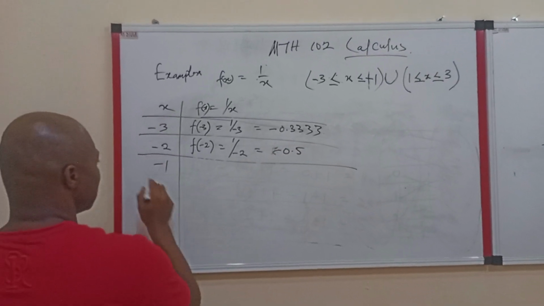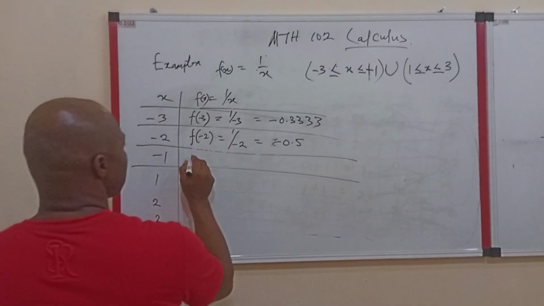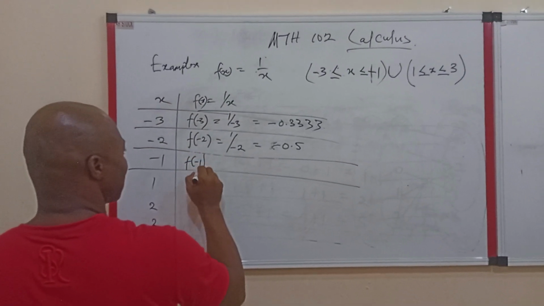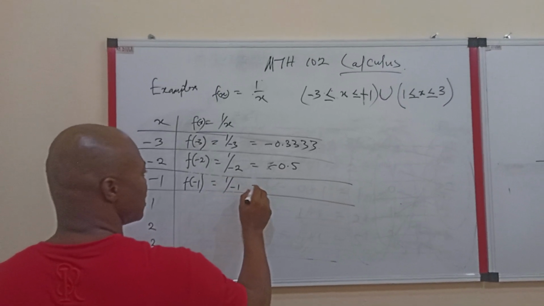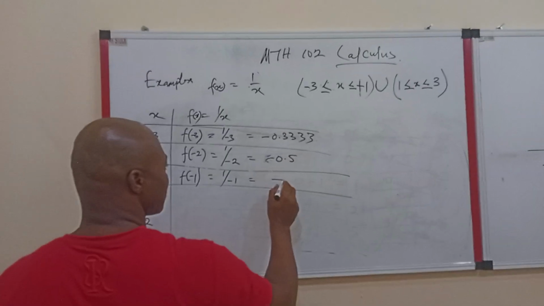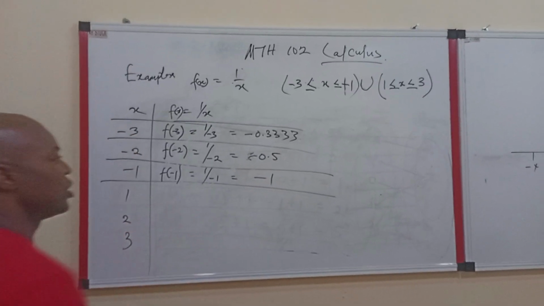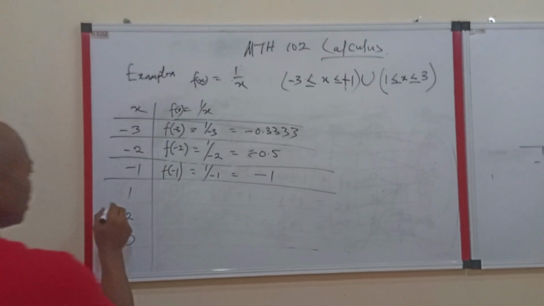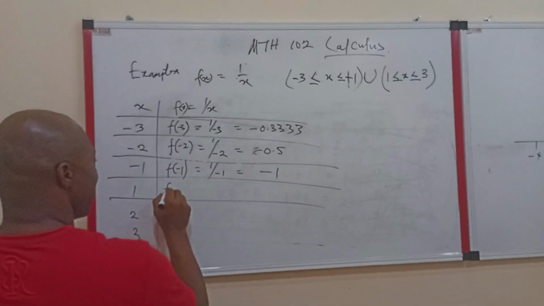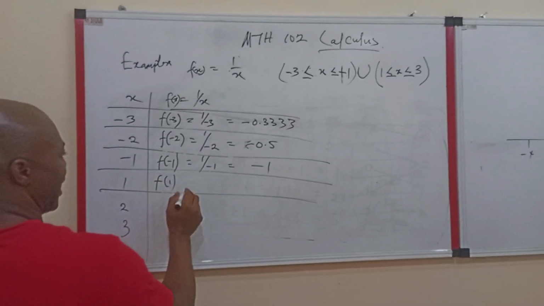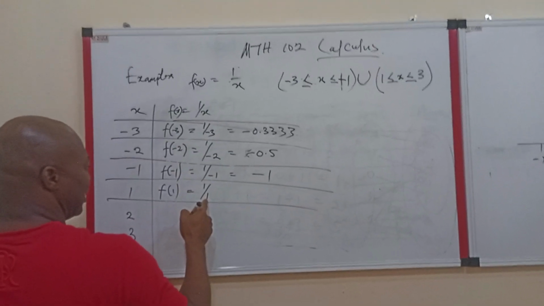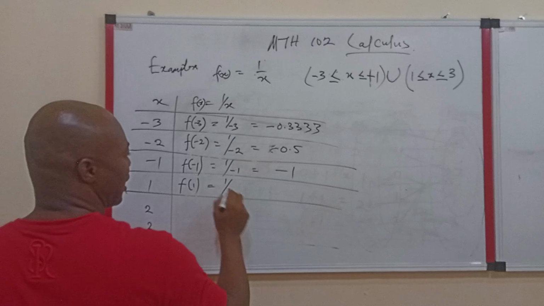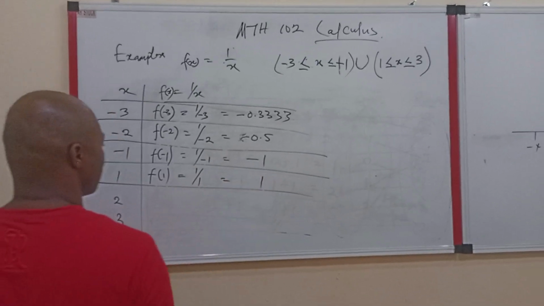For the other one, if we say f takes -1, then we mean -1 here, so 1 over -1 gives -1. If x takes 1 here, it means 1 over 1, because under is where the x value goes, so that is where we put it. 1 divided by 1 gives us 1.